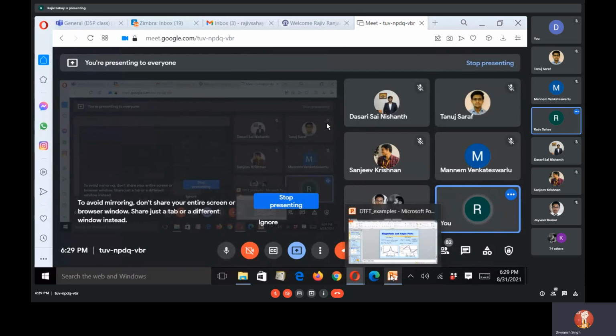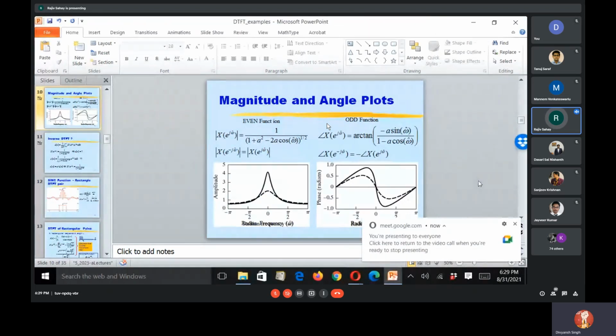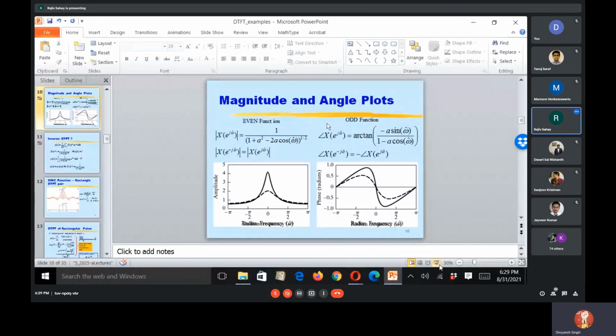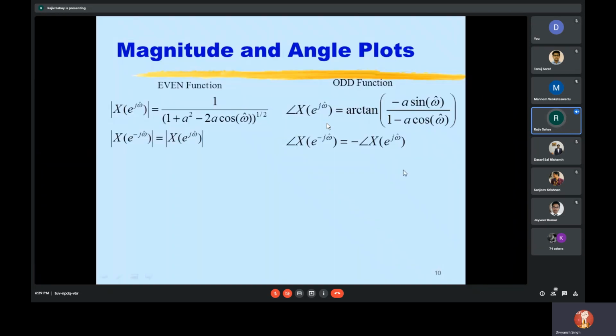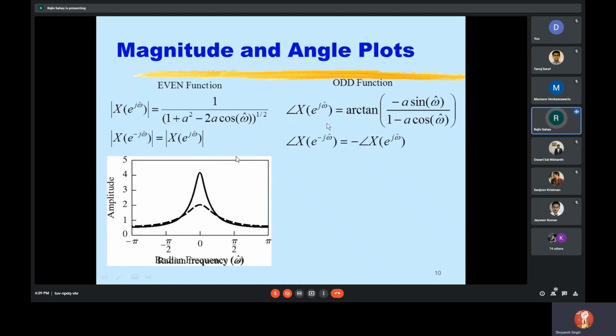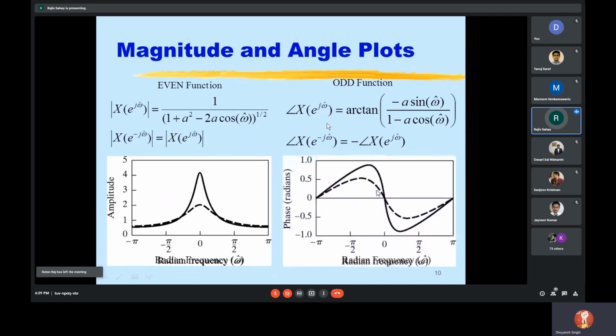Okay, so we were looking at this magnitude plot and the phase spectrum. If you plot the magnitude, you will get something like this. This is an even function, and the phase spectrum will turn out to be an odd function.